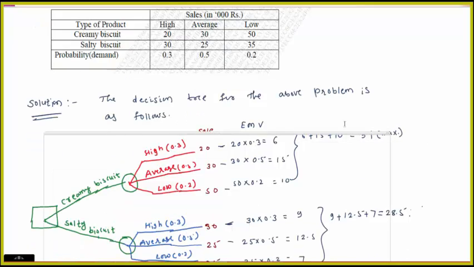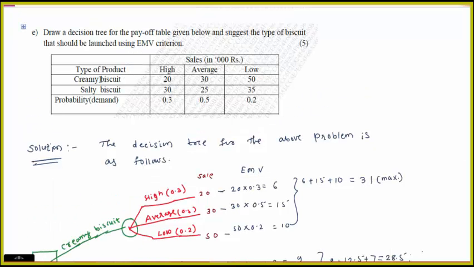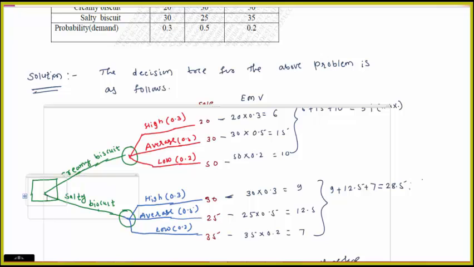See here the decision tree for the above problem. Two decisions, that is two actions, are given: creamy biscuit and salty biscuit. This is a decision node.